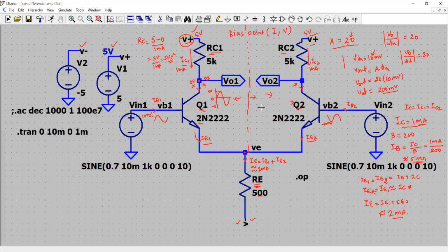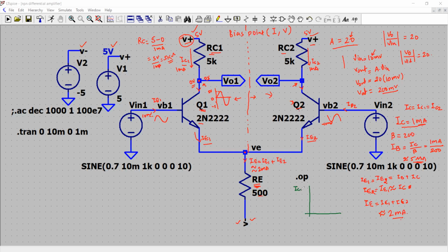So all set. So now the second condition is that you want Q1 and Q2 to always operate in the linear or active mode. So that means your transistor characteristics would be such that you have, let's say, the output characteristics like this.